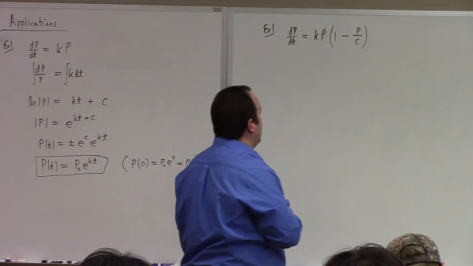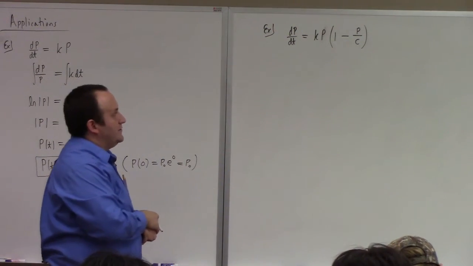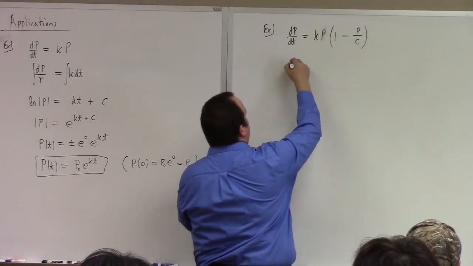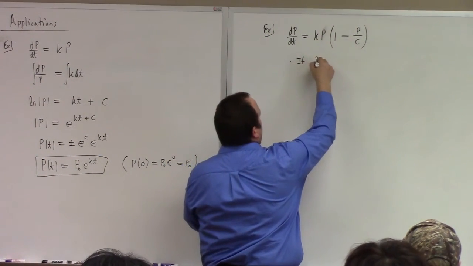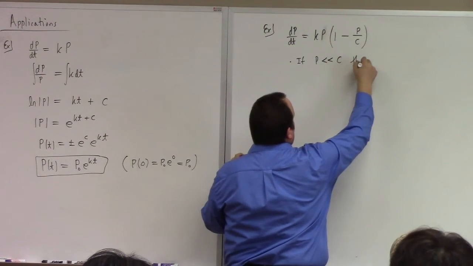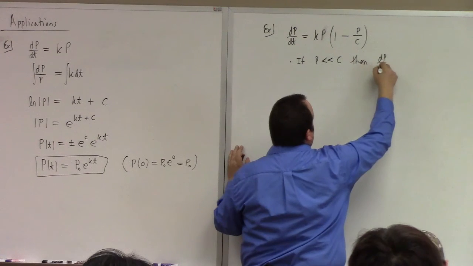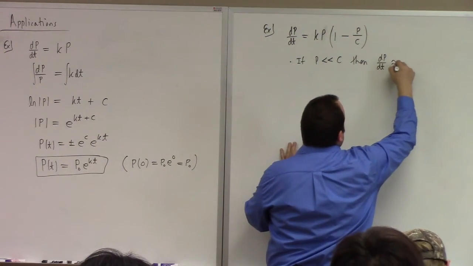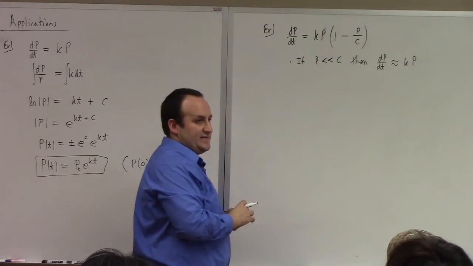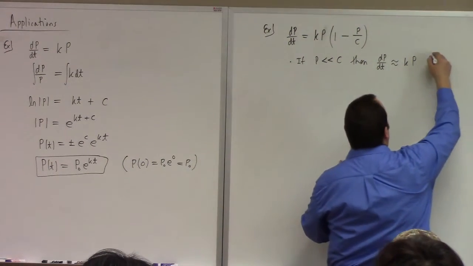So if you look at this formula, how does it work? If the population P is much less than C, then dP/dt is just kP, right? That's basically exponential growth, right?